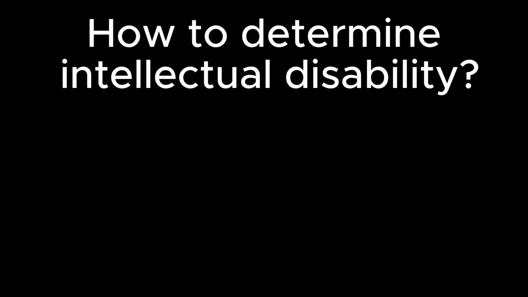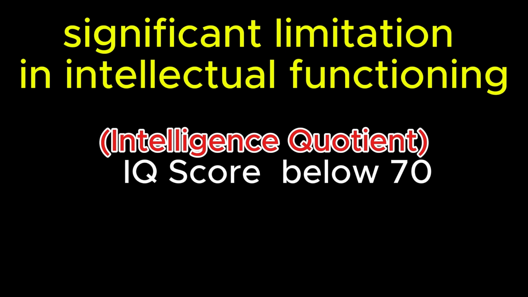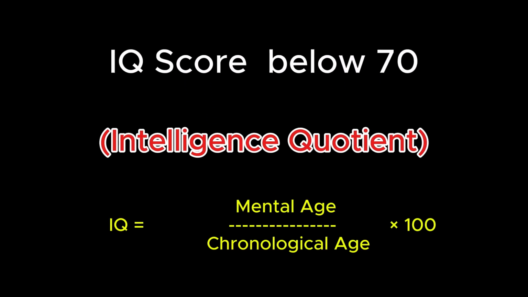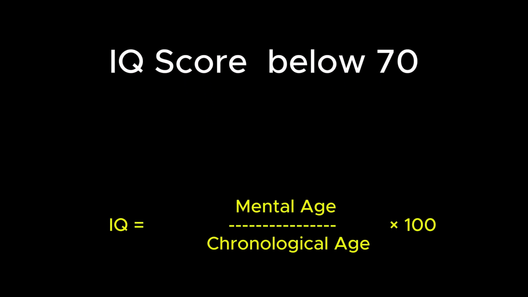How to determine intellectual disability? Three core criteria must occur simultaneously for determining intellectual disability. First, there must be a significant limitation in intellectual functioning, which corresponds to an IQ score below 70 on standardized assessment scales.